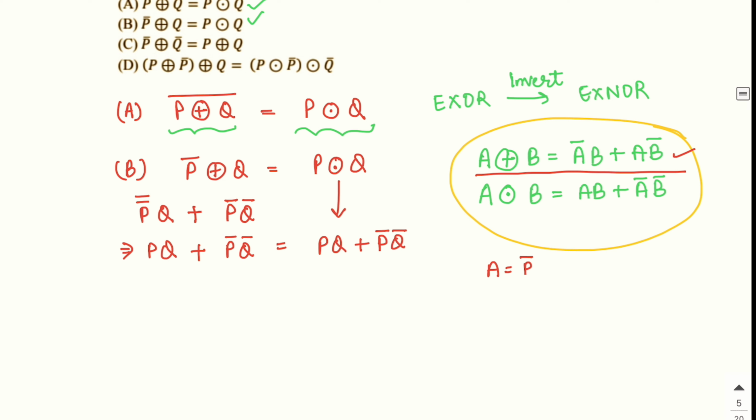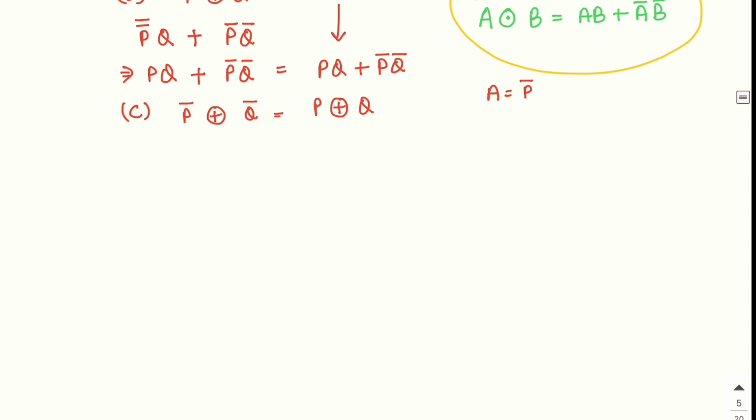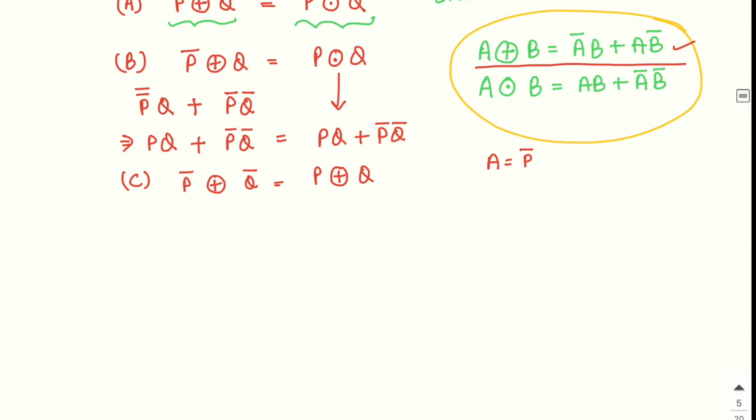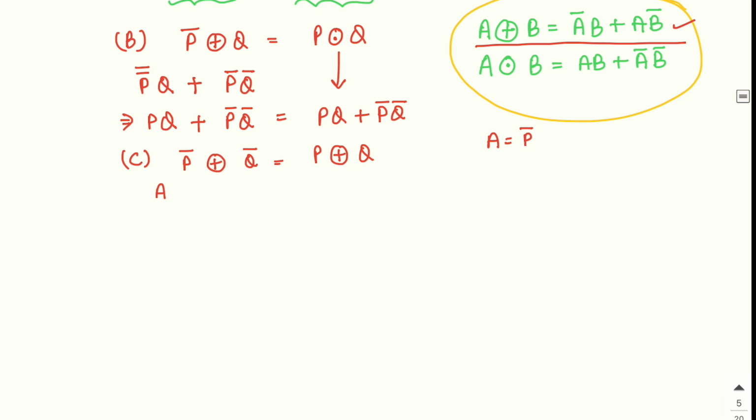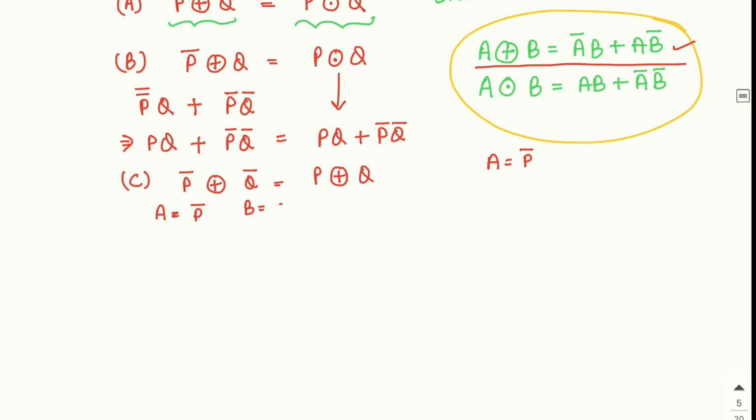Let's come to the third equation. The third option says P bar XOR Q bar is equal to P XOR Q. Now in this case, I need to see whether this is true or not. Again, I'll use the same evaluation. I'll expand A XOR B as A bar B plus A B bar. My A is equal to P bar and B is equal to Q bar.